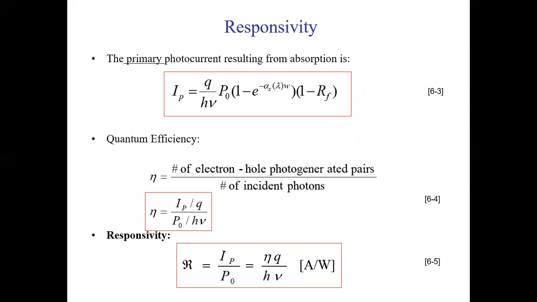Now, responsivity, as I mentioned before, is a very important parameter for a photon detector. The primary photocurrent resulting from the absorption is this. The quantum efficiency we have defined before is basically the number of electron-hole photo-generated pairs over the number of incident photons.